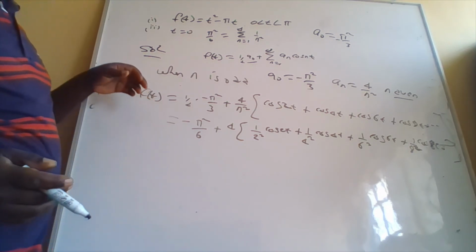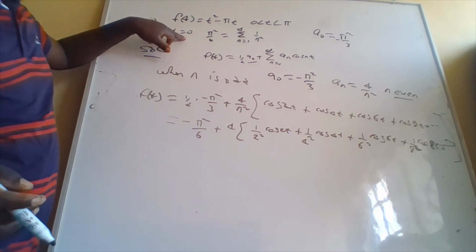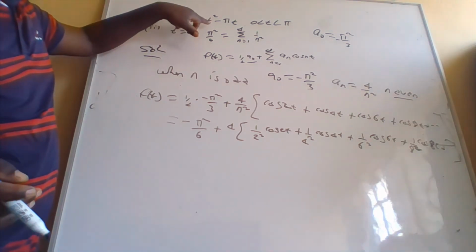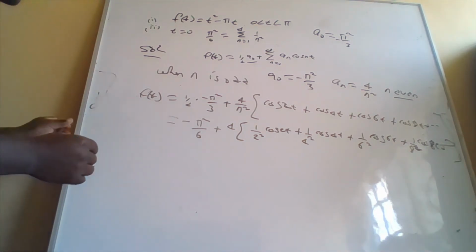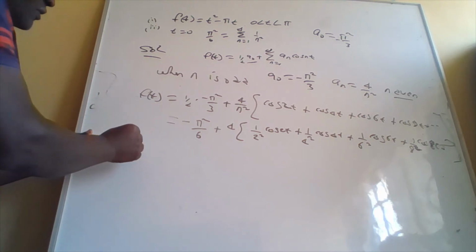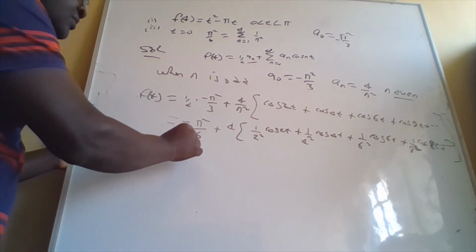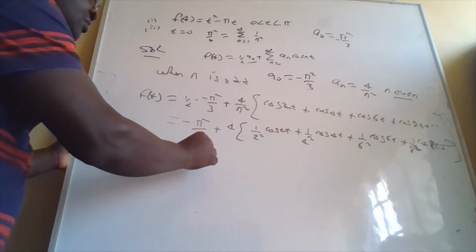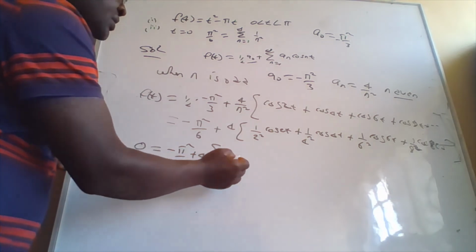And then they were saying, in part 2, that when we let t equal to 0, we show that pi squared all over 6 is given by that. Let us see. Part 2, so this would be 0 equals minus pi squared all over 6 plus 4 into 1 over 2 squared.